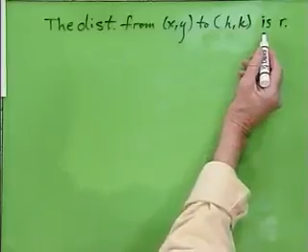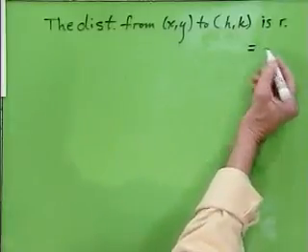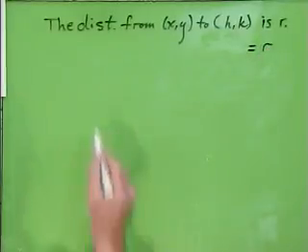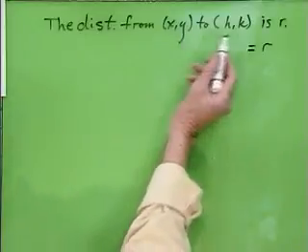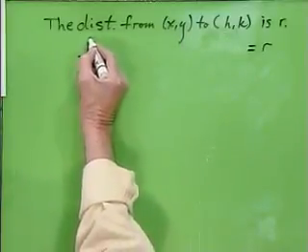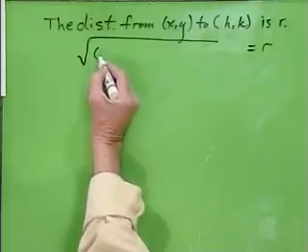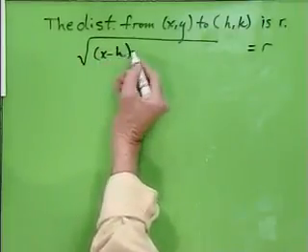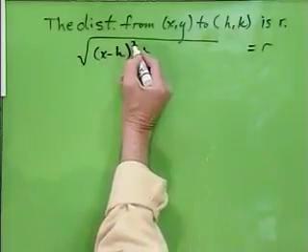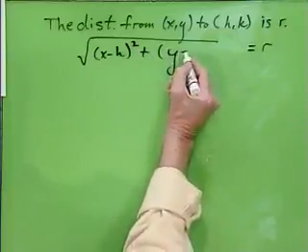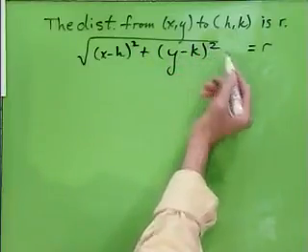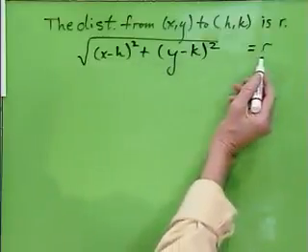For example, the word is translates as equals r. And the distance from (x, y) to (h, k), well, now we have a distance formula for that. That would be the square root of x minus h squared plus y minus k squared. So the distance is equal to r.